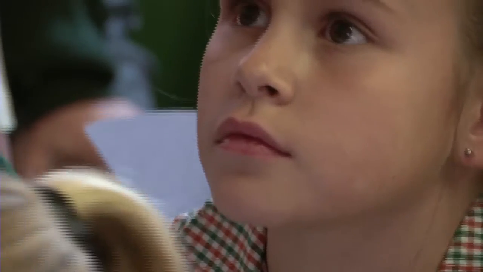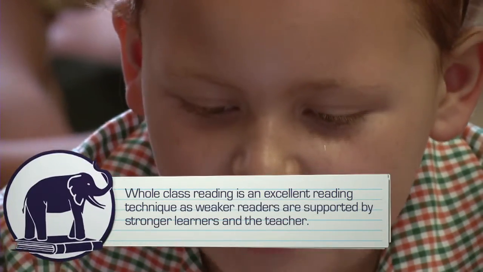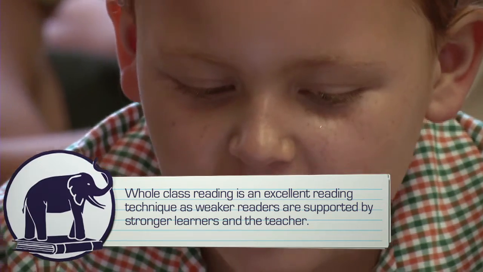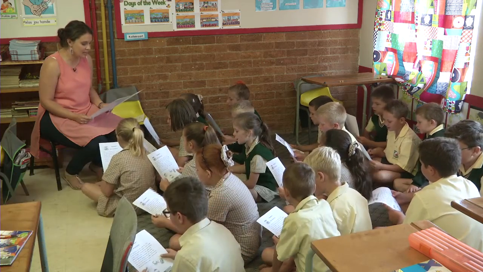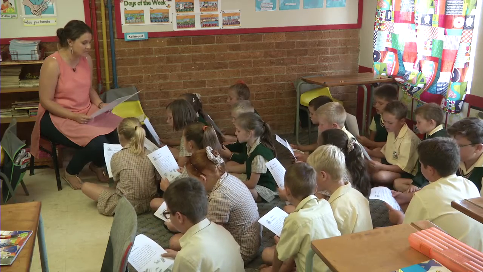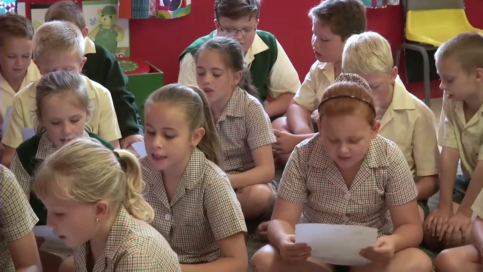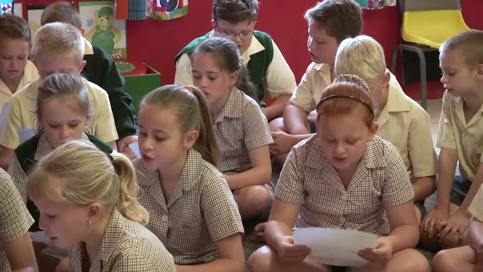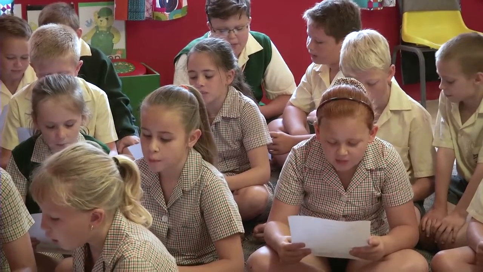Right, this time we're going to read together. Good. 1, 2, 3. Sam is a young boy. He has a pet fox. The fox loves to play outside and collect rocks under the tree. He sees a rat behind the tree eating cheese on top of a block.